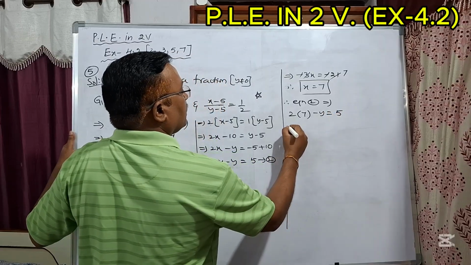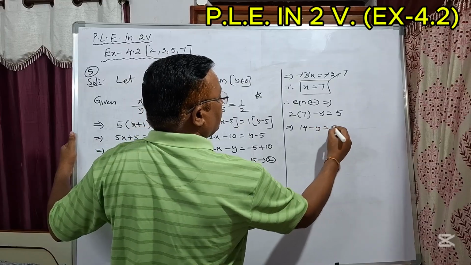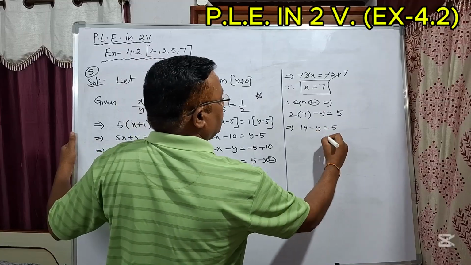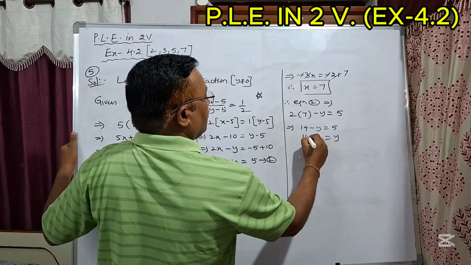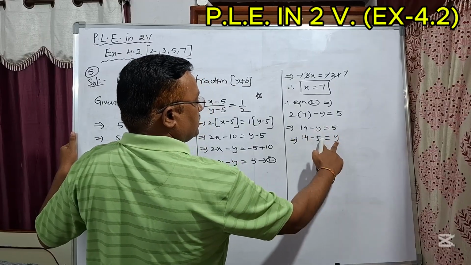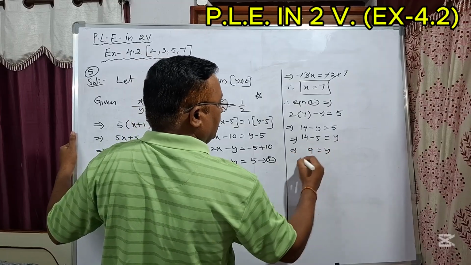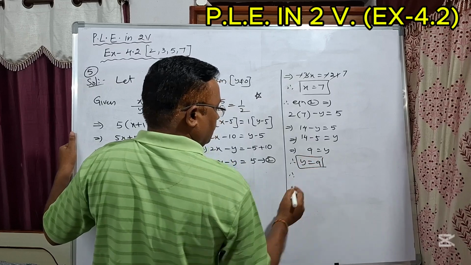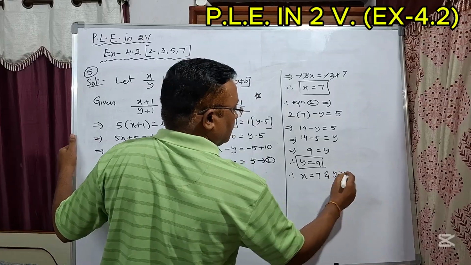Am I clear, Nana? That implies 14 minus y equal to 5. Replace these two values. So minus y is coming to the other side of the equality as plus y. 5 is coming here after 14 minus 5. Got it, Nana? These two are interchanging. This implies 14 minus 5 is 9 equal to y. Therefore, y equal to how much, Nana? 9. Therefore, x equal to 7 and y equal to 9.